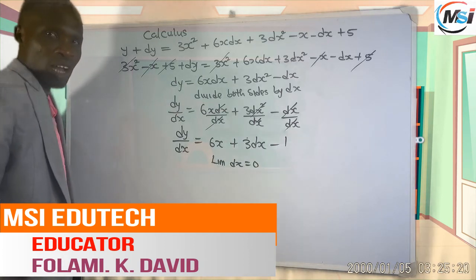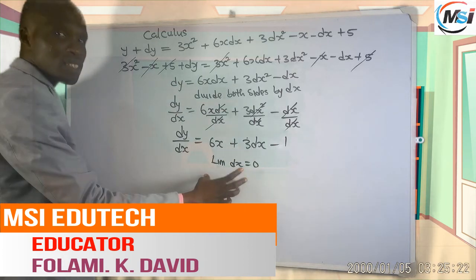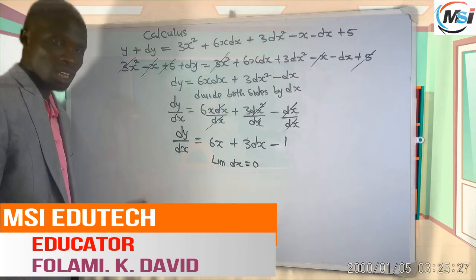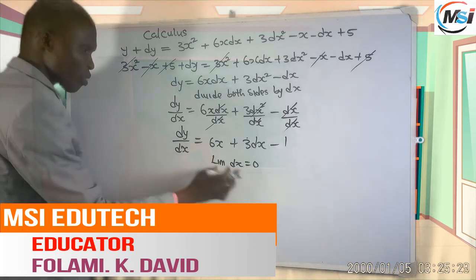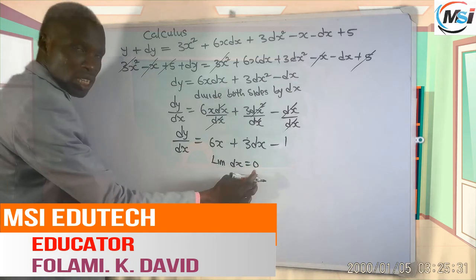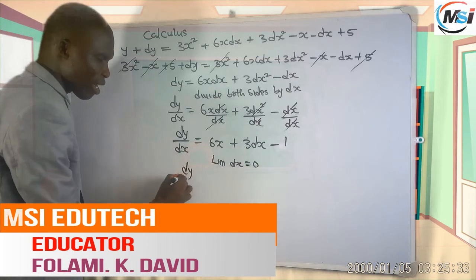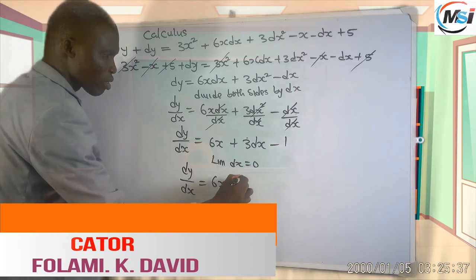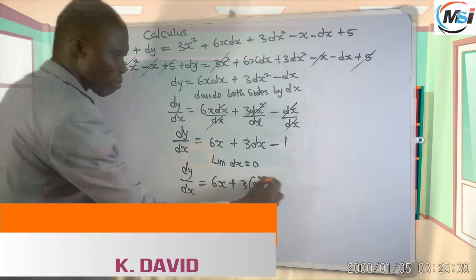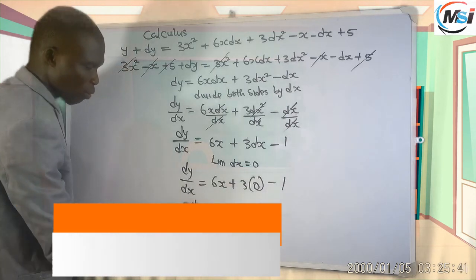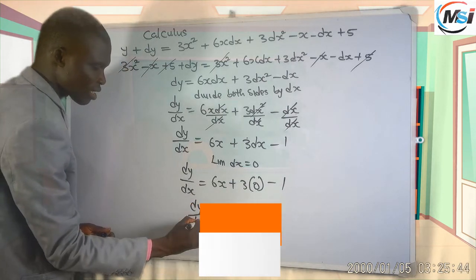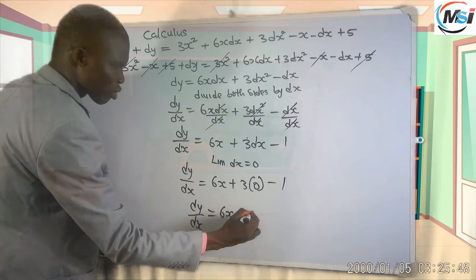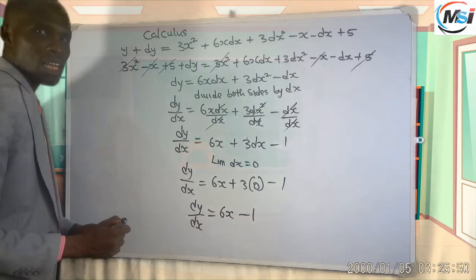In the next video, I'm going to explain more about this limit, but just accept this for the purpose of this class. Now, since dx equals 0, that means dy all over dx will give us 6x plus 3 bracket 0 minus 1. So dy all over dx will give us 6x minus 1. So this will be our answer.